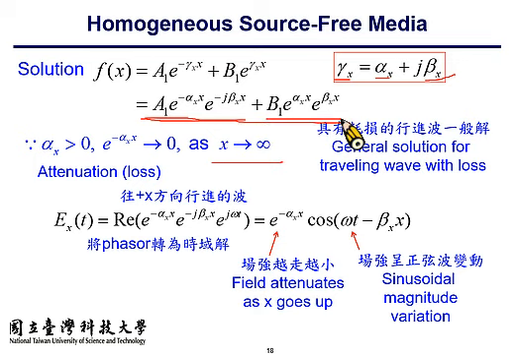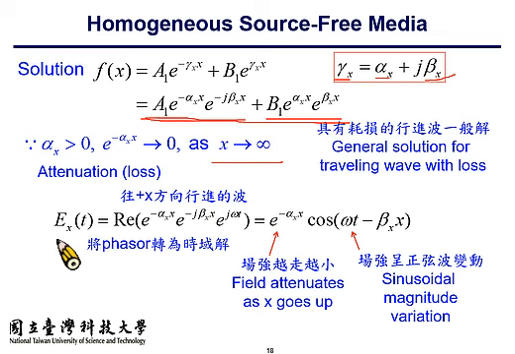Similarly, for the second component, because the attenuation part appears in the form of exponential of alpha x, as x goes to minus infinity, the exponential of alpha x goes to 0 as well. So that's reasonable for propagation in a lossy material. Okay, so the field attenuates as x goes up, and the variation of the field follows a sinusoidal pattern.